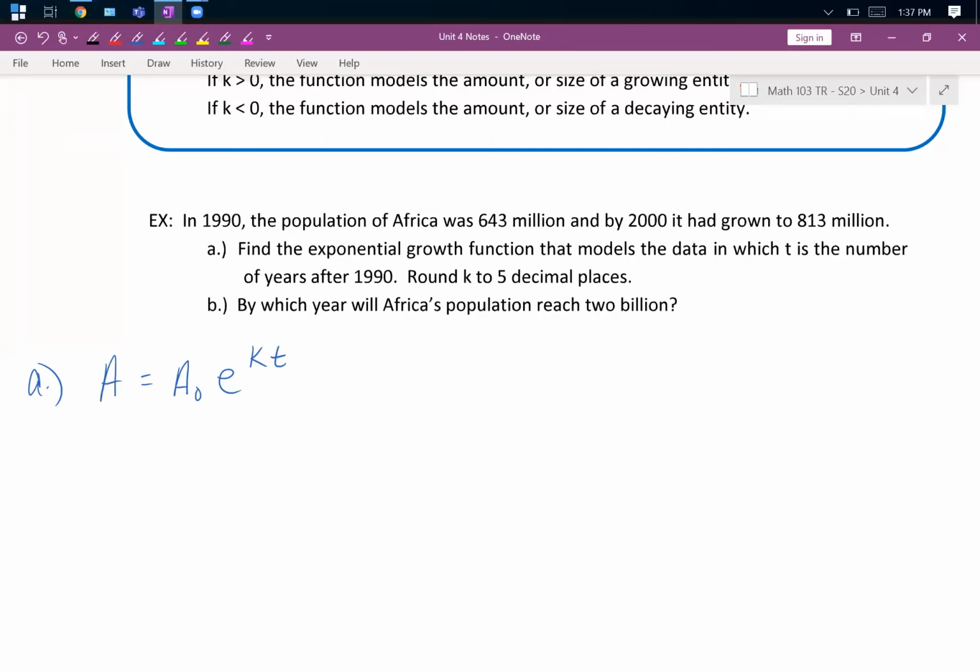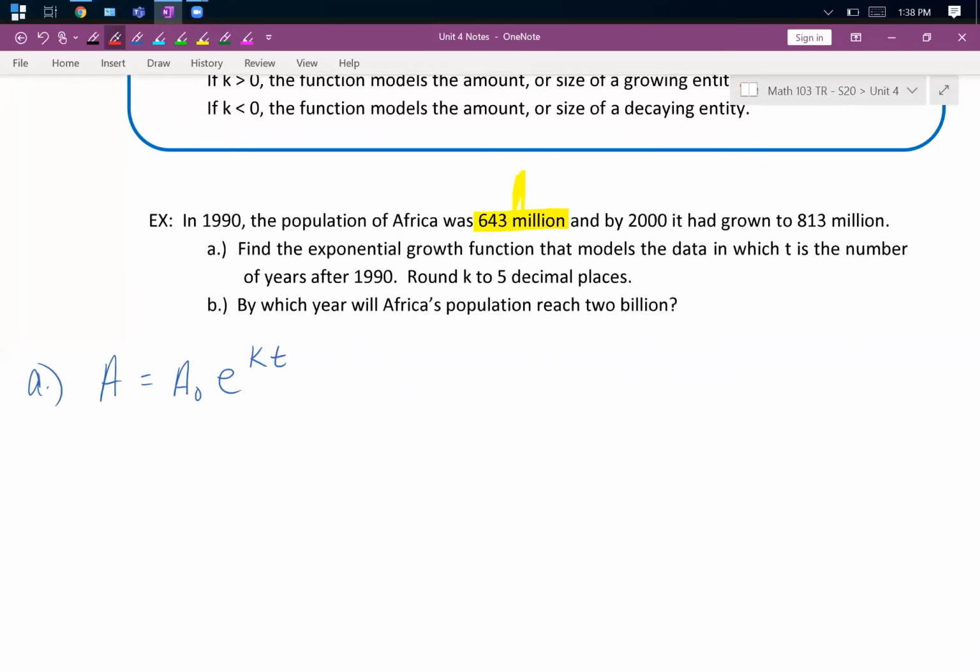A sub 0 is the original amount from our discussion. What is the original amount that we're starting with? 643,000,000. Great, so that'll be our A sub 0.